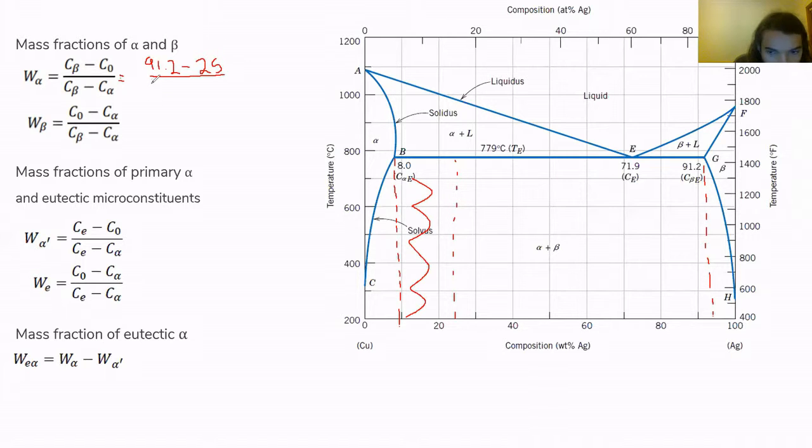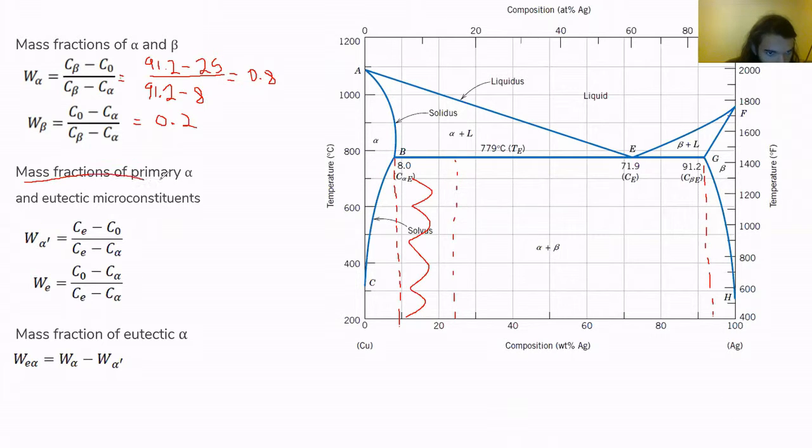So this section is 91.2 minus 8. That gives 0.8. So if alpha is equal to 0.8, then beta should be equal to 0.2. You can either calculate it or subtract from 1 and get the result.